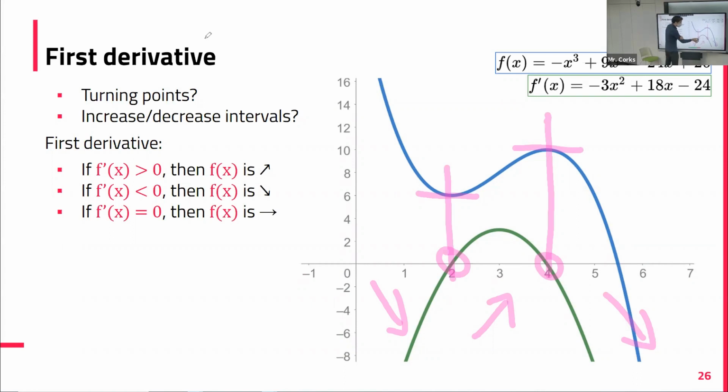So the derivative should be 0. And that's exactly what we see here. So that's first this very simple level of connection between the two. Turning points of the original, zeros on the derivative function. Next, we can do a little bit more.